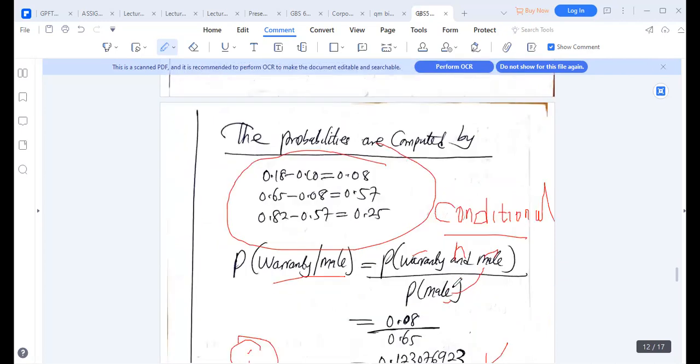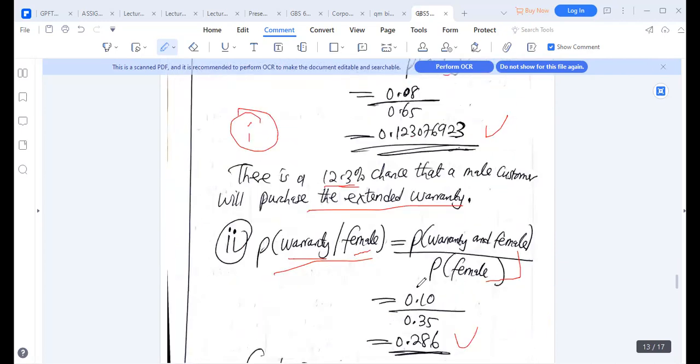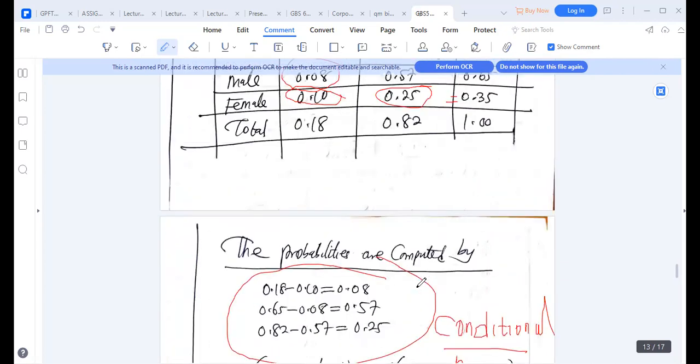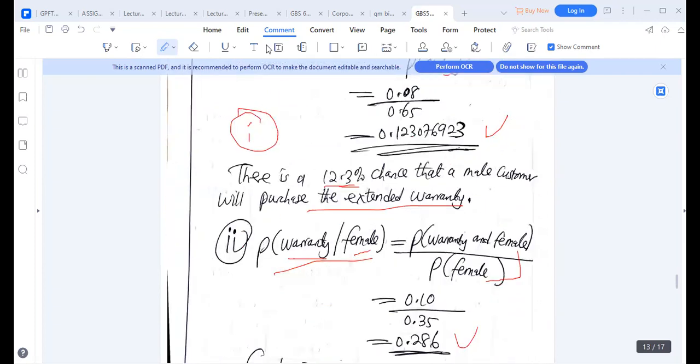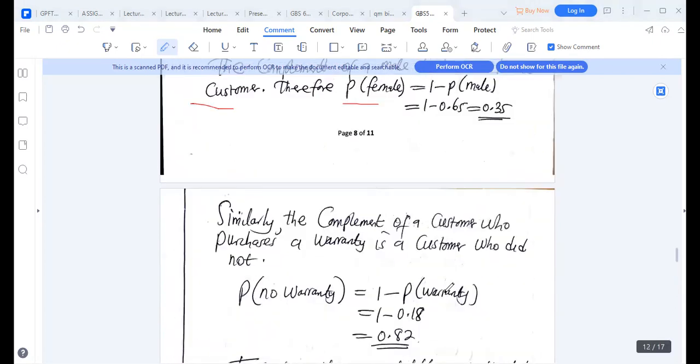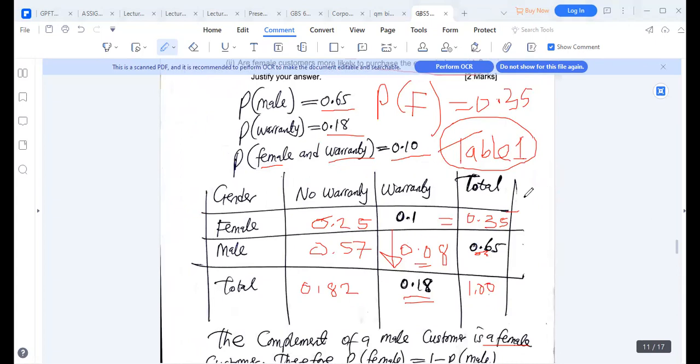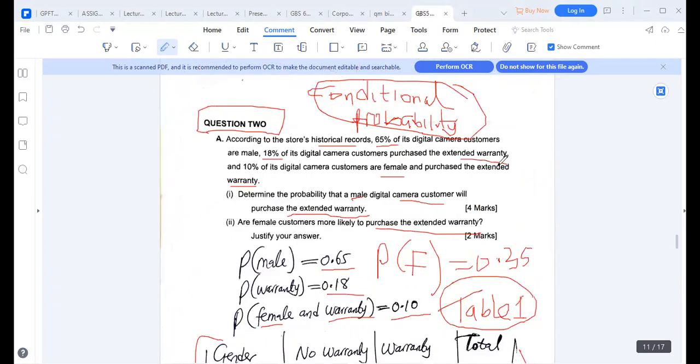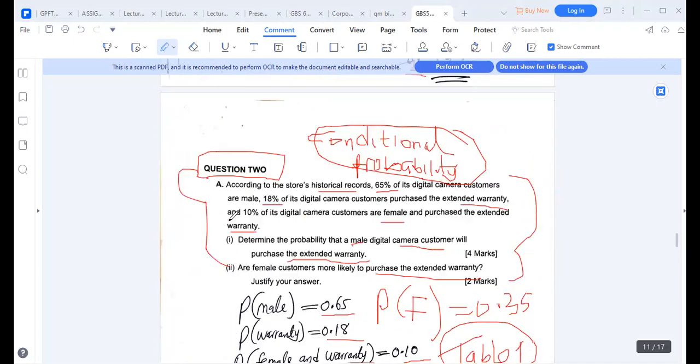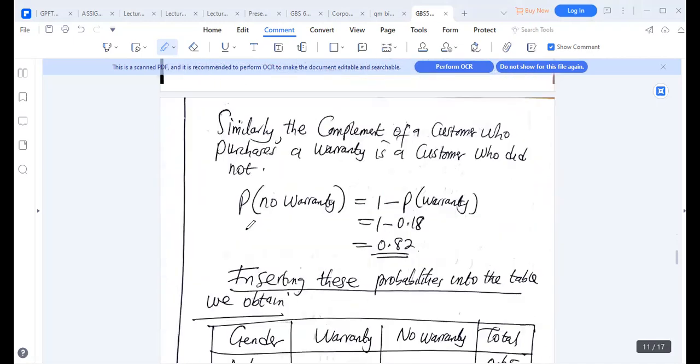This is how these figures were computed. These are conditional probabilities, so it's just a matter of going through them and understanding what we are looking at. The most important thing to understand is this table on the conditional probability. From the summary that we have, please take note of this question on the conditional probability.